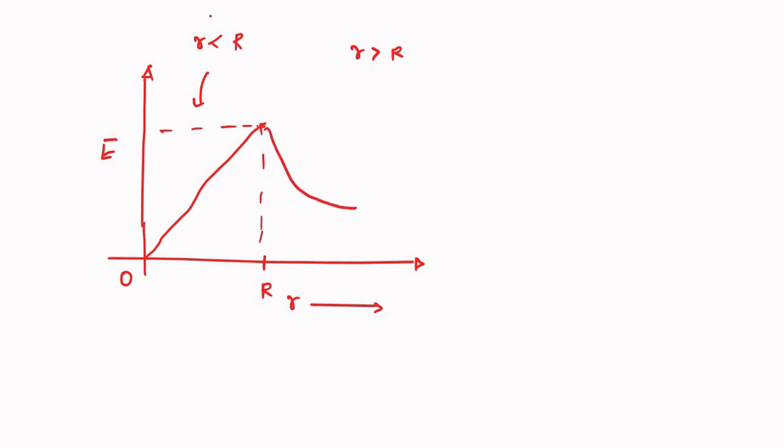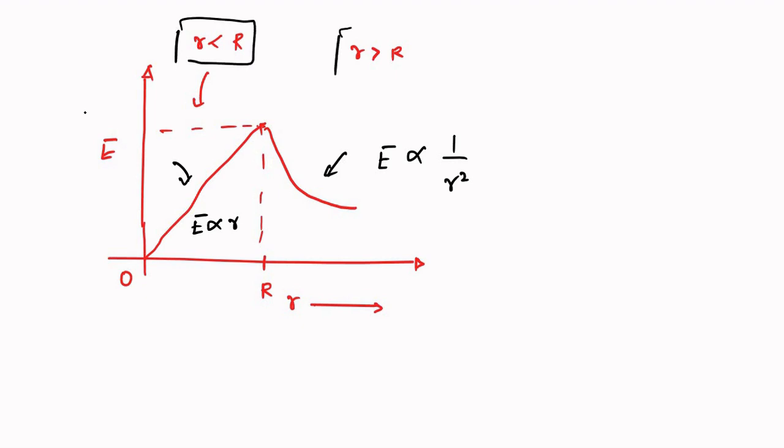In this region, E is directly proportional to r, and here E is inversely proportional to the square of the separation distance. Small r is less than the radius of the sphere here, and here the separation distance is greater than the radius of the sphere.